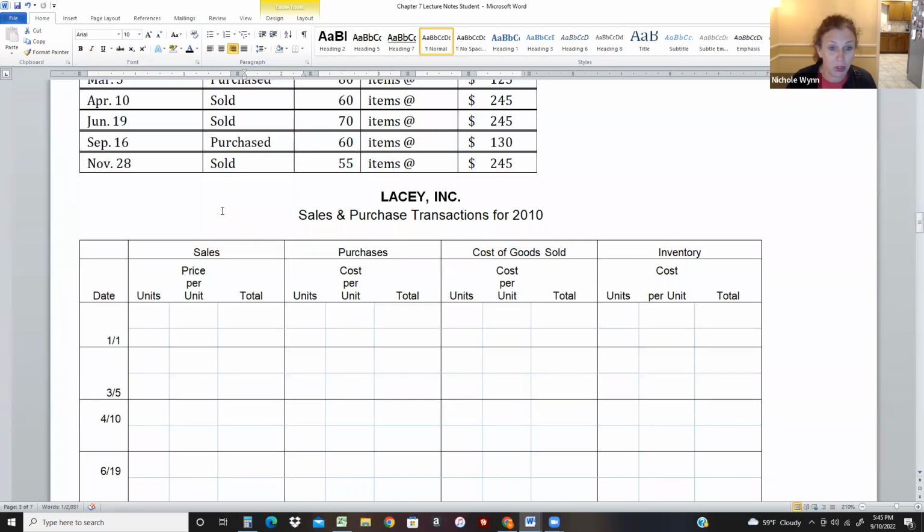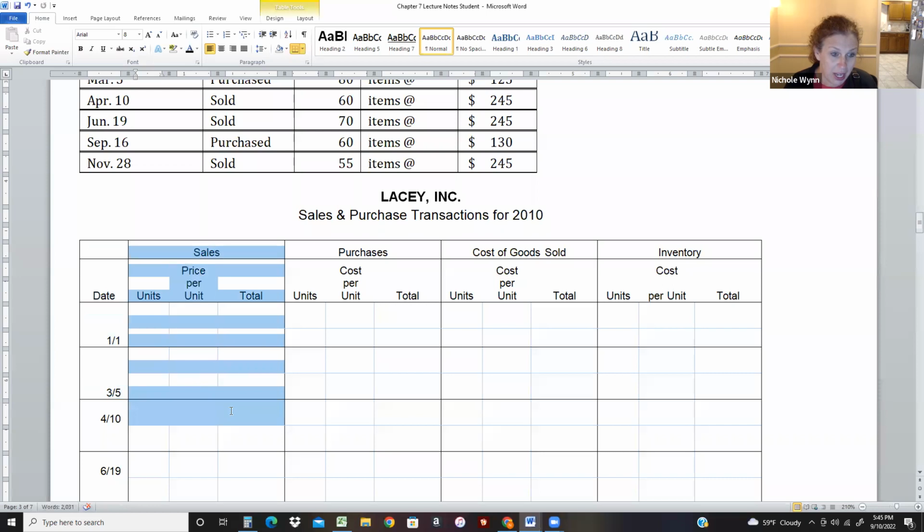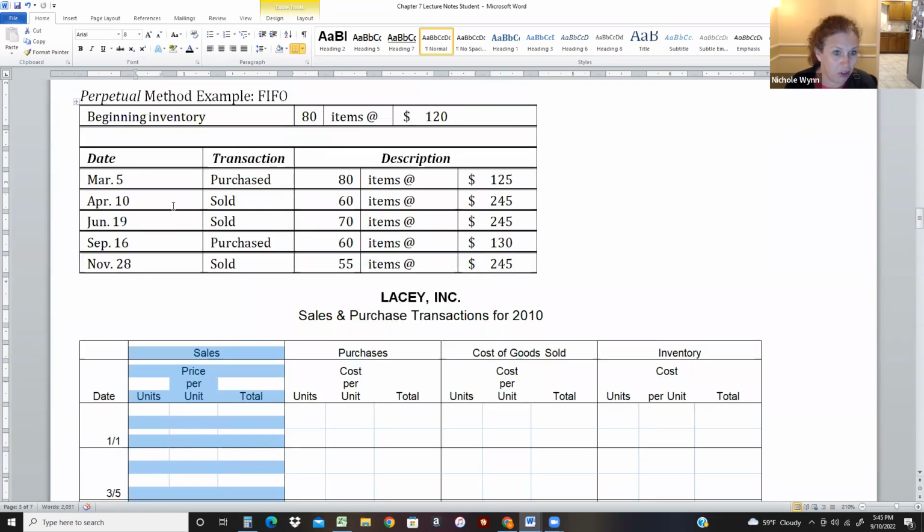So this table is what you're going to fill out for homework and for the chapter 7 project. What we're going to do is have 4 sets of columns. The first set of columns is for when we sell units. In our transactions, it looks like we're going to sell units on April 10th, June 19th, and November 28th.